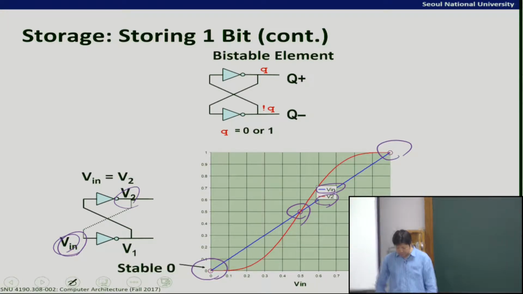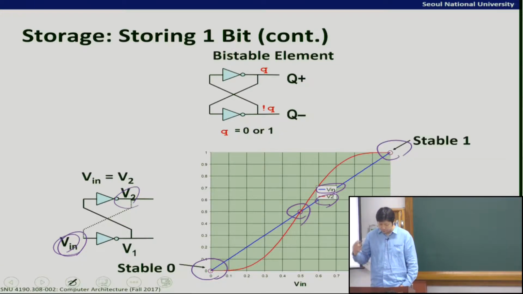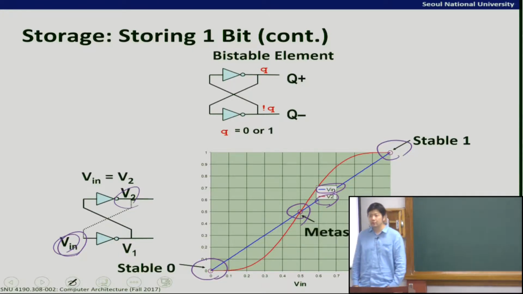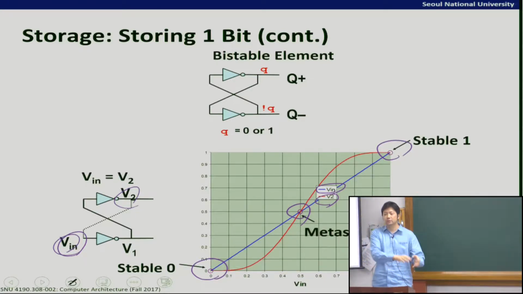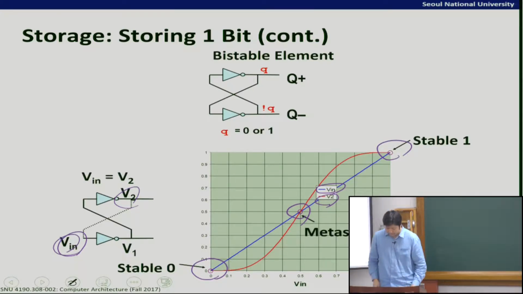So this one is called stable 0. It's either a stable 0 or a stable 1, or there's another condition called metastable, somewhere in the middle. So physically, it must be one of those three states. The voltage level is always 0, always 1, or somewhere in the middle. That's the only possible voltage level that this node can have.